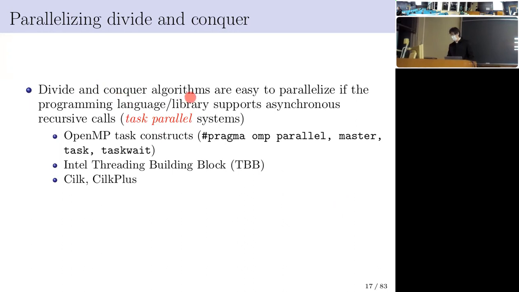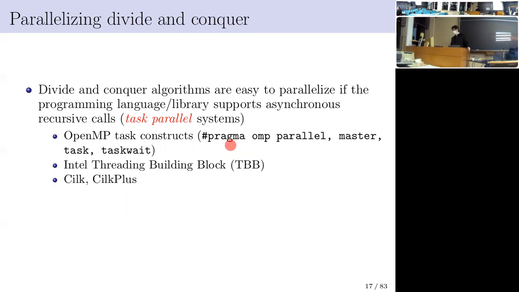Divide and conquer algorithms are typically very simple and easy to parallelize if the programming language or library supports asynchronous or parallel recursive calls. That is the case in programming languages supporting something called task parallelism. We discussed this before in very early weeks, specifically the OpenMP task parallel construct.